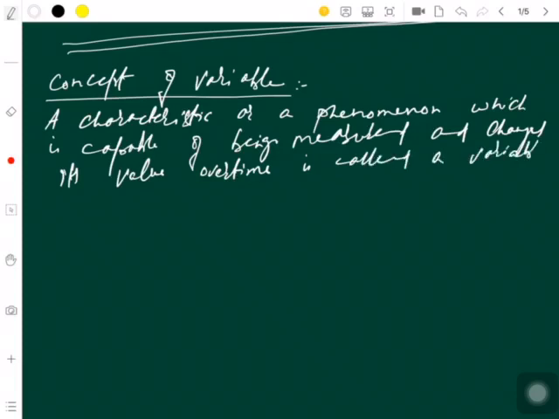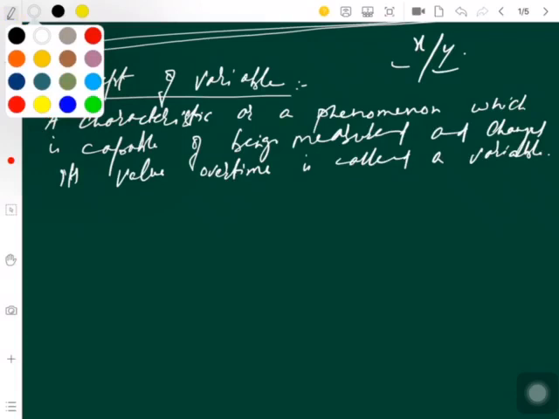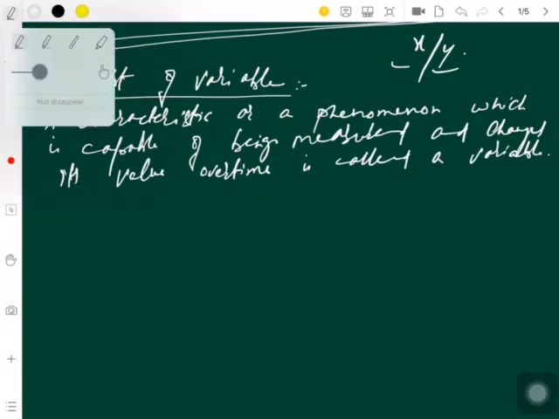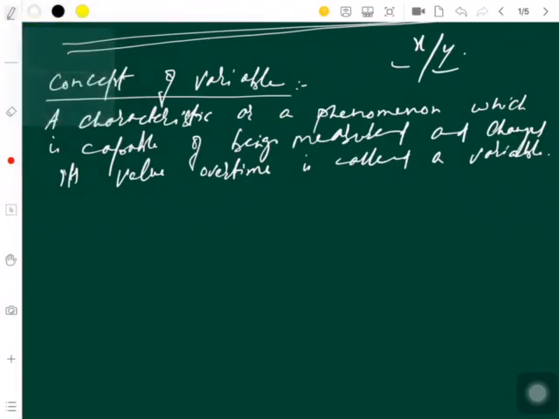Okay, I have been using this very word variable, variable x, variable y. So these are the things which we basically consider or take into consideration.